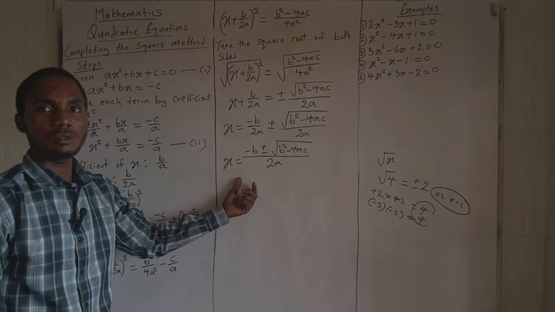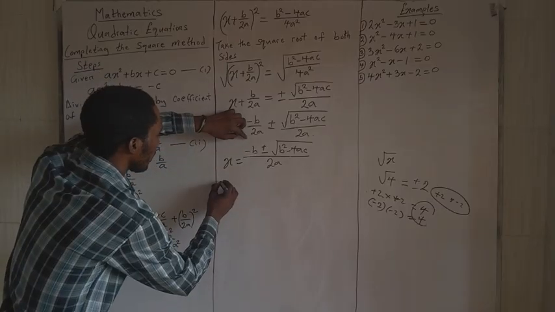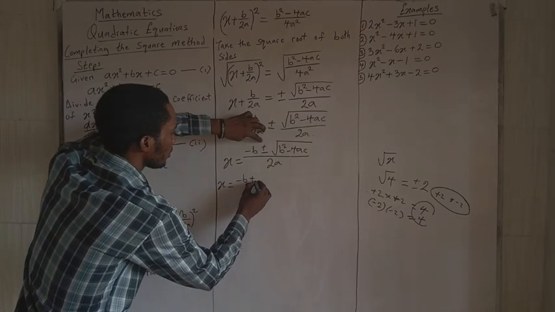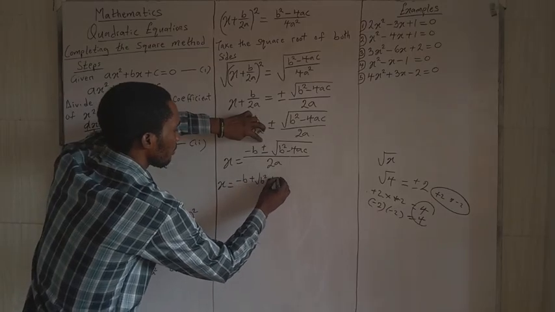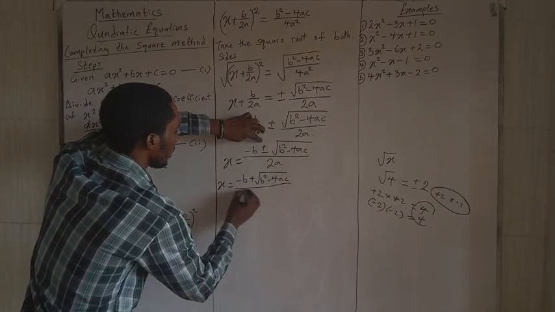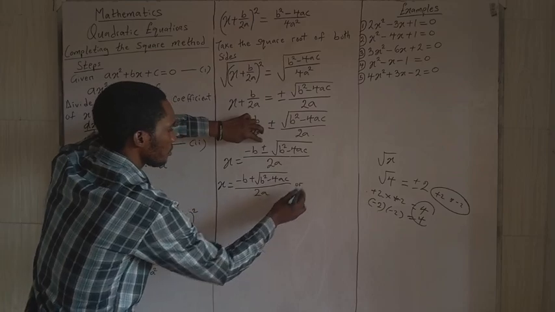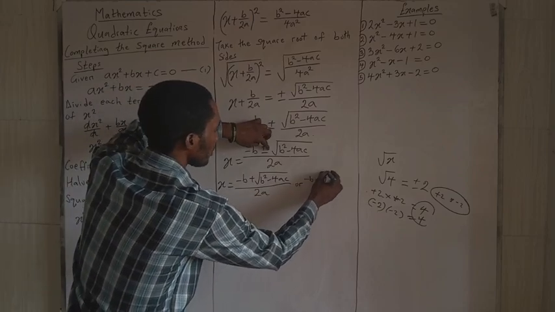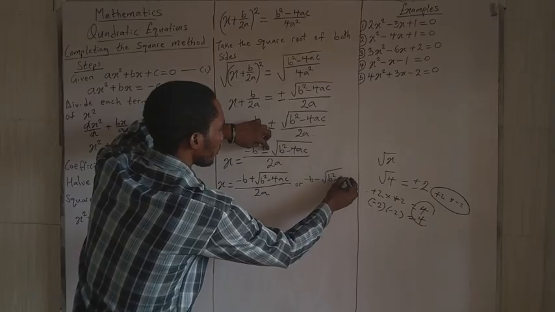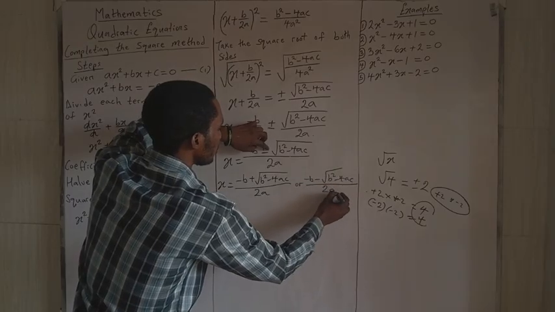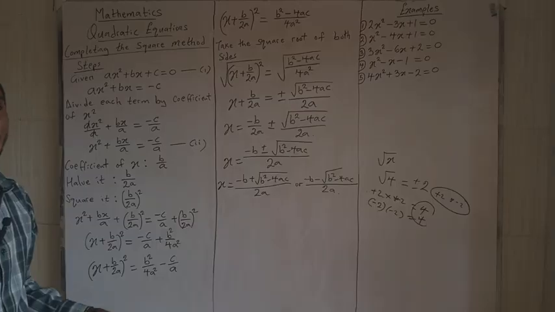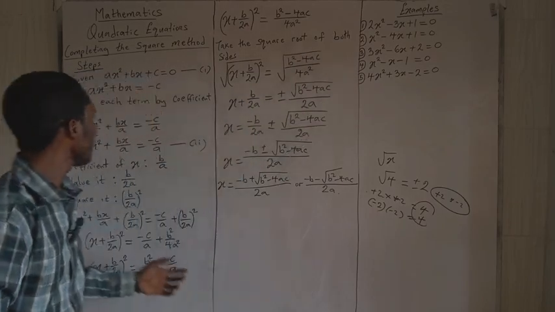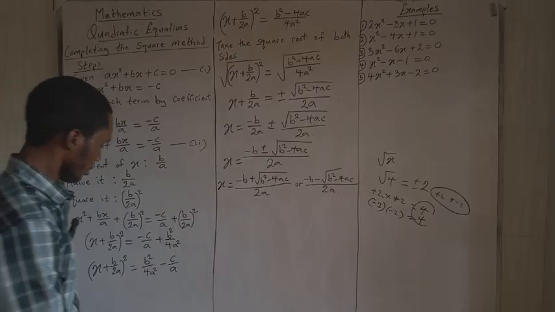And to find the values of x, we are going to have x is equal to minus b, first plus the square root of b squared minus 4ac over 2a, or minus b followed by the minus square root of b squared minus 4ac over 2a. The next is to solve the following given quadratic equations using the completing the square method.